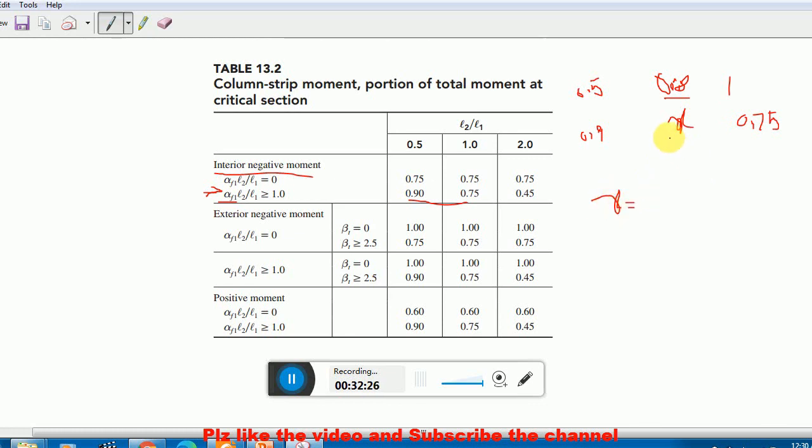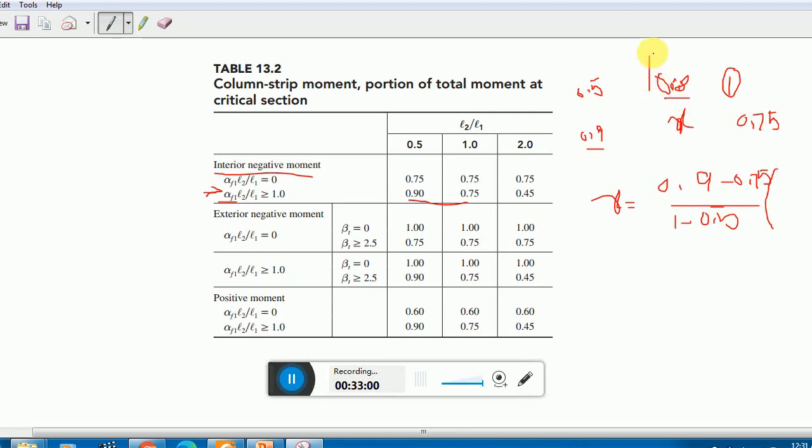The x value will be what? How can we get this value? I already did this calculation. From 0.9 minus 0.75, divide by 1 minus 0.5, and you have to multiply it with the difference of these two values, 1 minus 0.8.